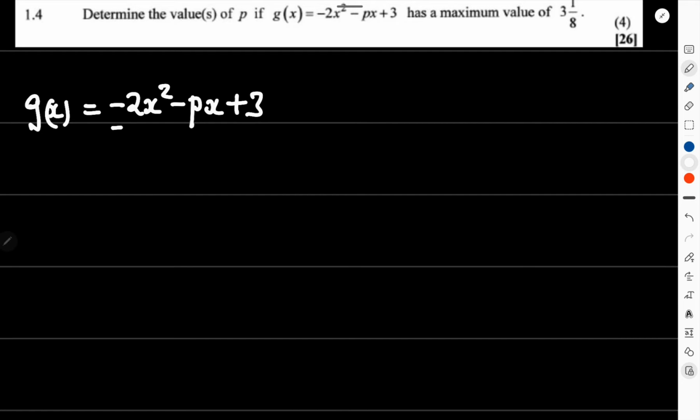If we complete the square of this, what we need to do is factor out negative 2, dividing each term inside by negative 2.